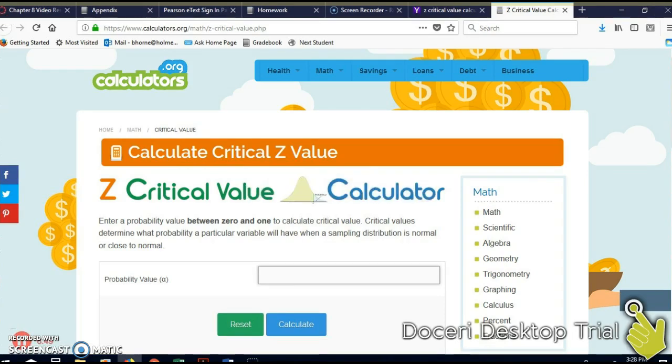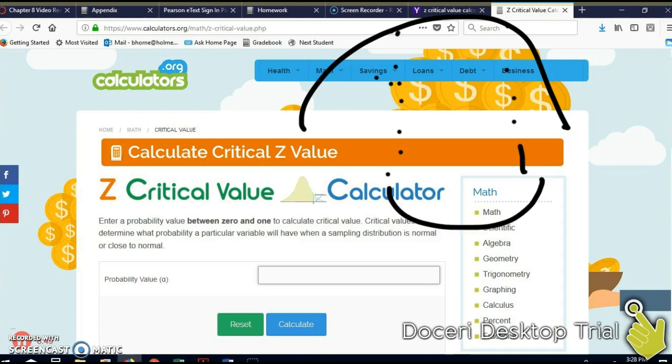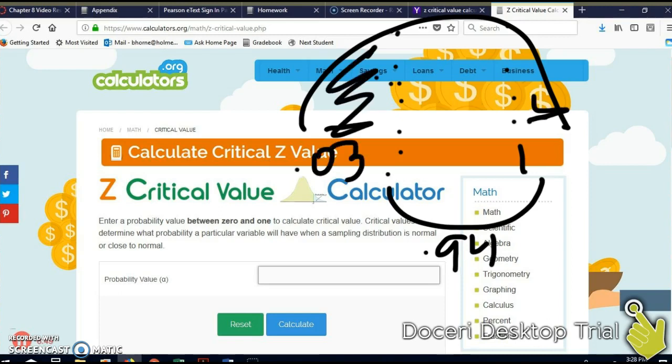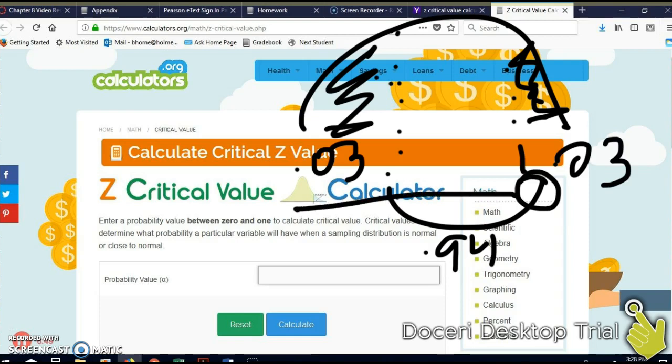First of all, you want a confidence interval of 0.94. Before you figure out the area, just remember 0.94 includes from here to here. So you have 3% over here, and because it's two-tail, you have 3% over here. Now, we want the critical value of this point right here on back.